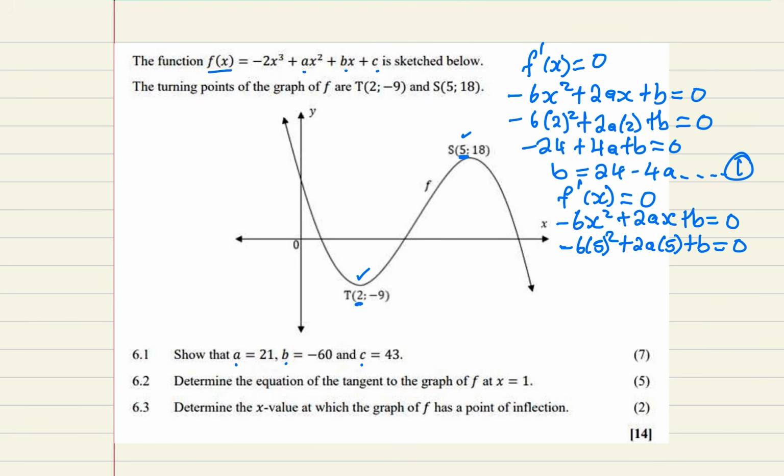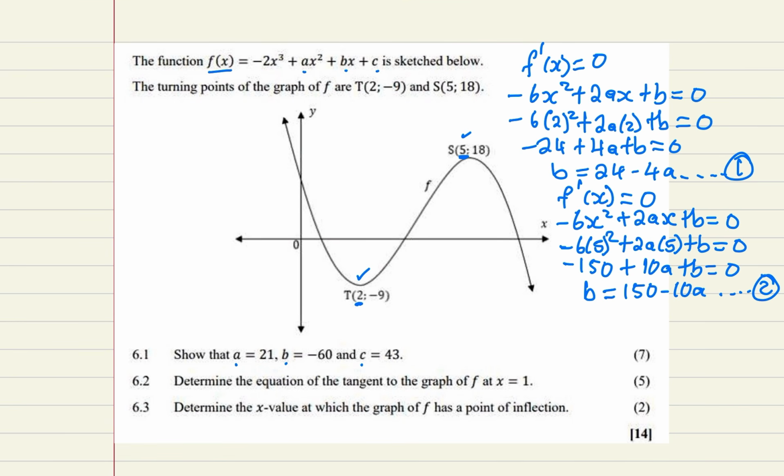What is 5 squared? It's 25. Then 25 multiplied by 6 gives negative 150. So we have negative 150 plus 10a plus b equals 0. Take everything to the other side, so b equals 150 minus 10a. This is our equation 2.